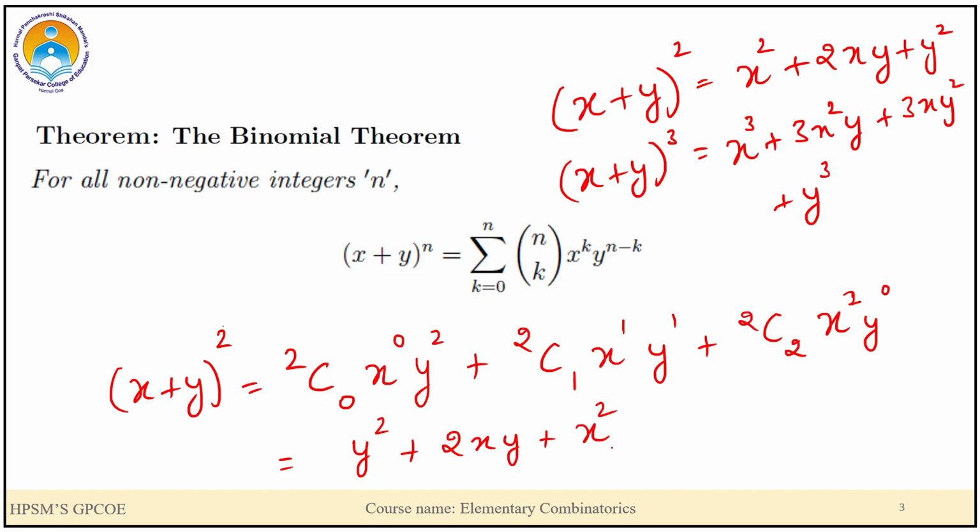So you get y squared plus 2xy plus x squared, which is what we know from here. x plus y the whole square equals x squared plus 2xy plus y squared.